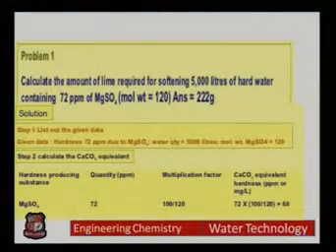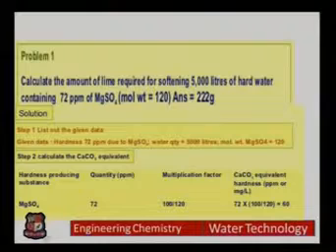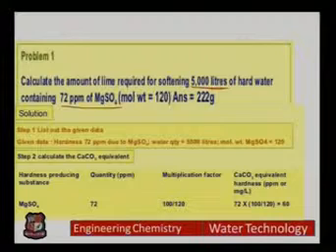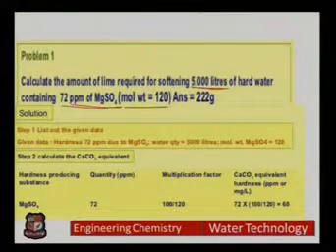The question is: calculate the amount of lime required for softening 5000 liter of hard water containing 72 ppm of magnesium sulfate, whose molecular mass is 120.